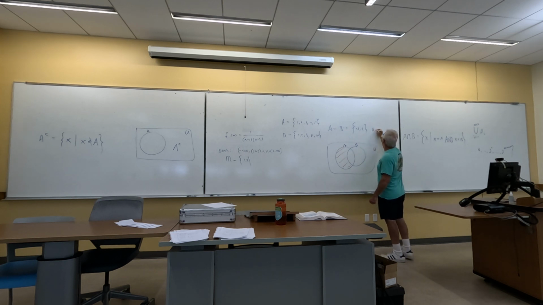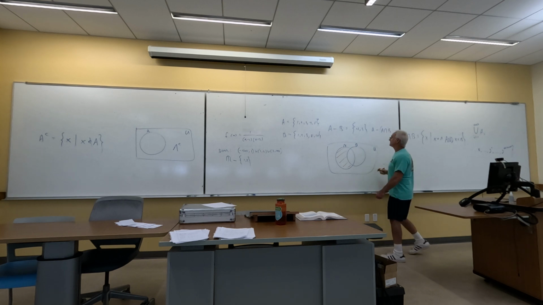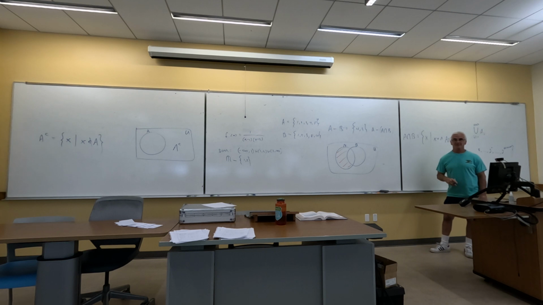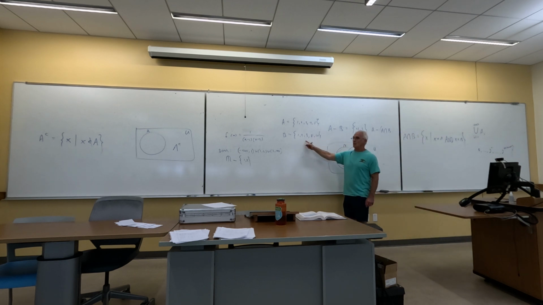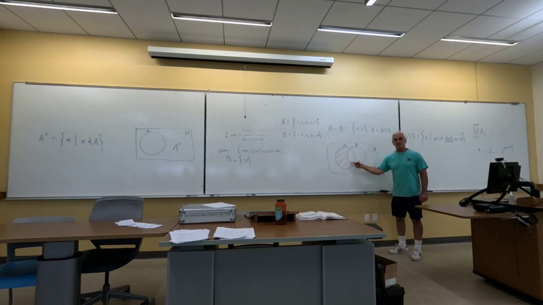Wouldn't this be A minus the intersection of A and B? Is that obvious now what I did? The intersection of A and B is 1, 2, 3. So if I do A minus B, I'm subtracting the 1, 2, 3. I don't care about the 8 and the 10. I don't care about the stuff over here. I just want this.